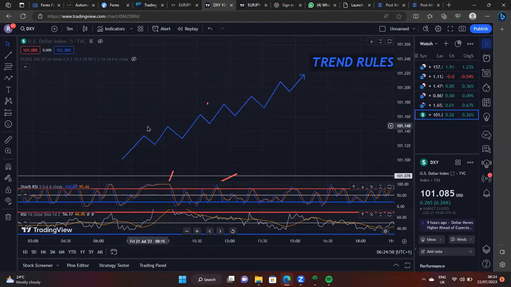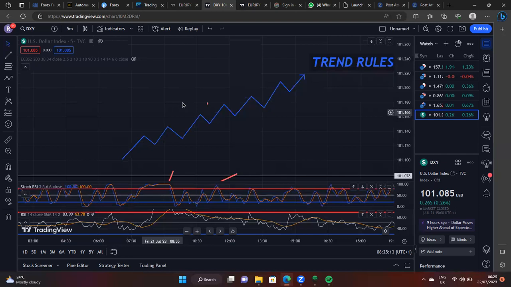For an uptrend to exist, it must record areas or patterns as higher highs, higher lows, higher highs, higher lows. That is one.